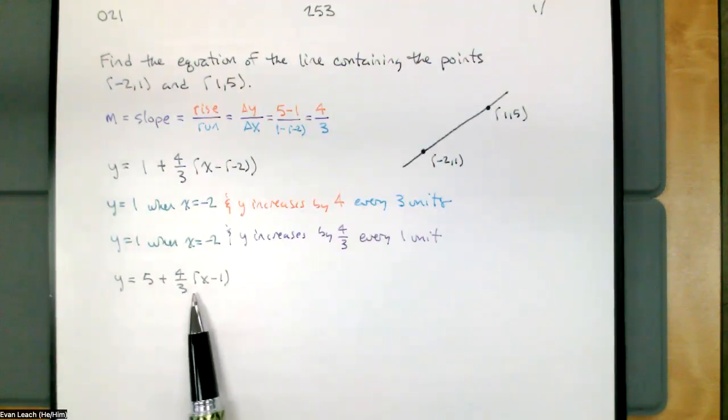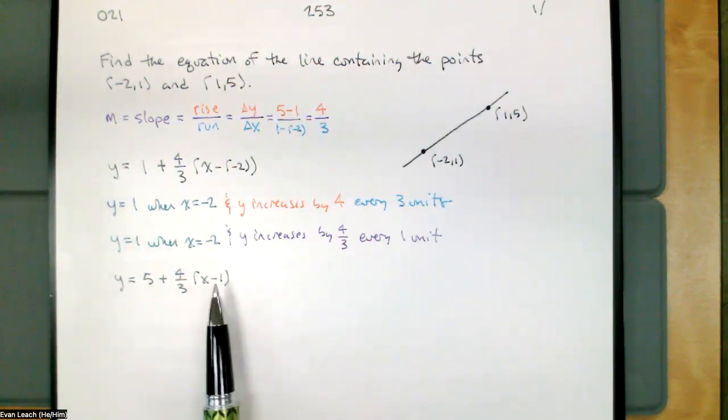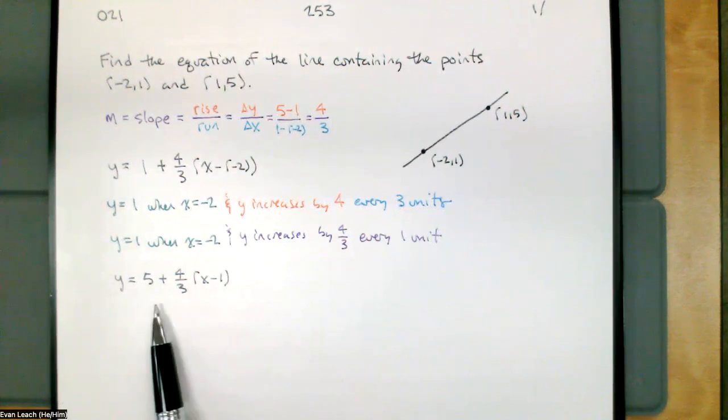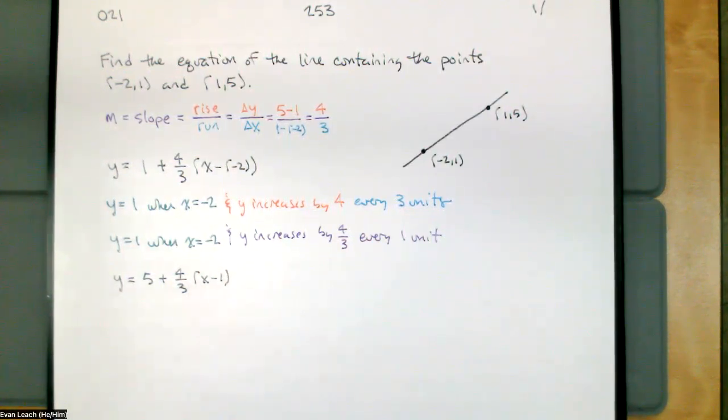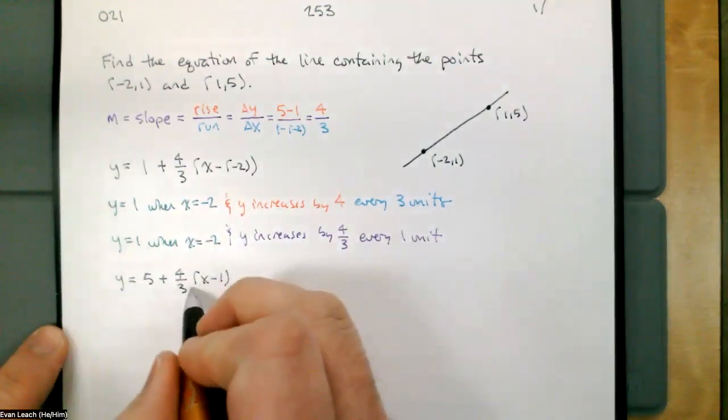Note that when x is equal to 1, the reason it says minus in here is that when x is equal to 1, this factor becomes 0. So we start off at 5 and add 4/3 0 times. So this x minus 1 factor says how many times we've added 4/3.